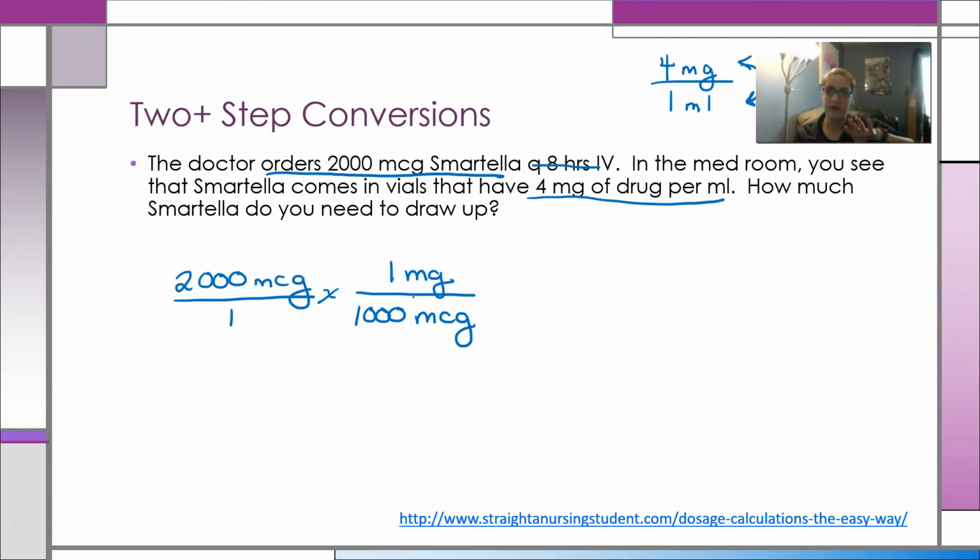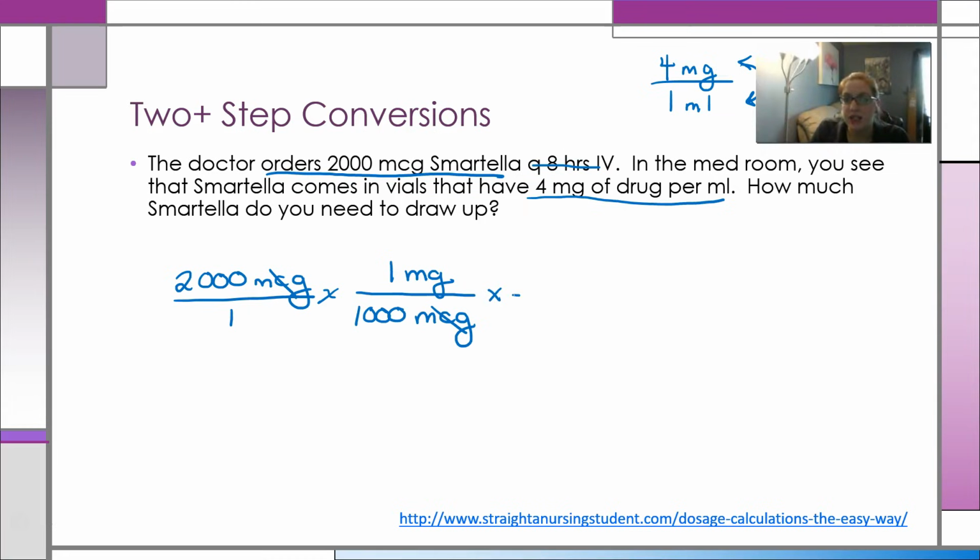And this was on the conversion units you should know at the very beginning, just in case you're wondering where I got that from. Okay, so now look at the units cancel. Micrograms, micrograms, bye-bye.